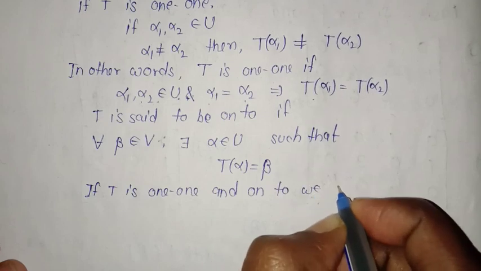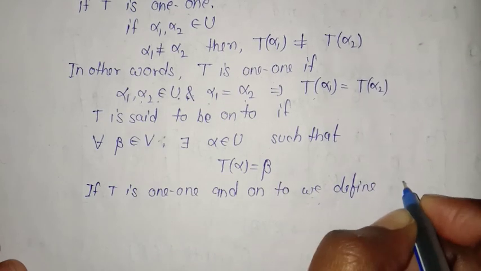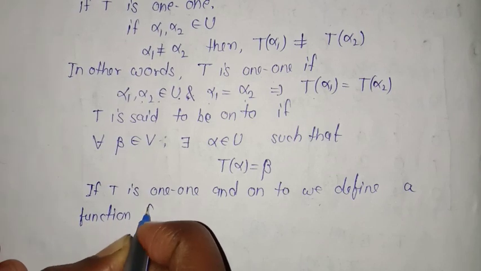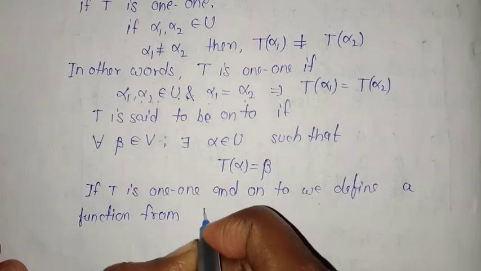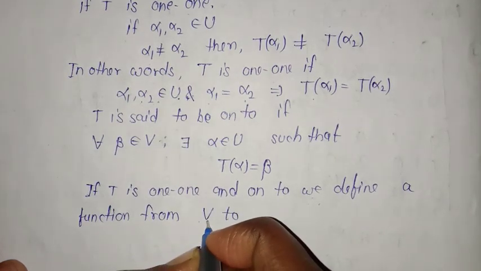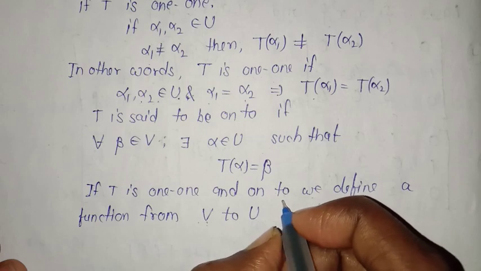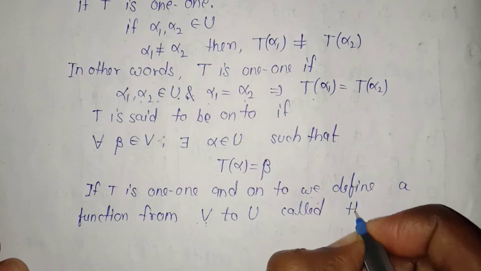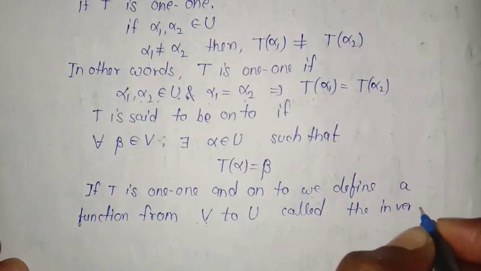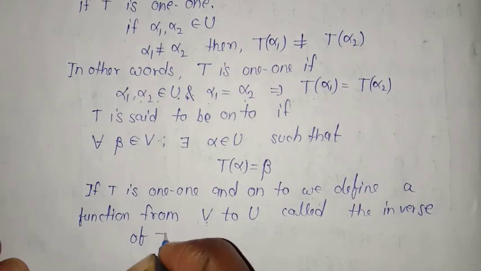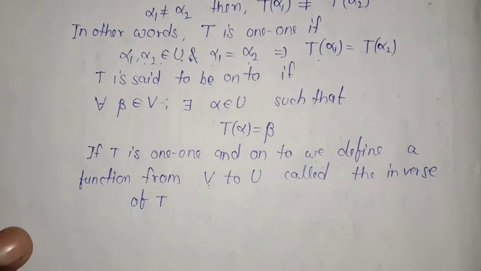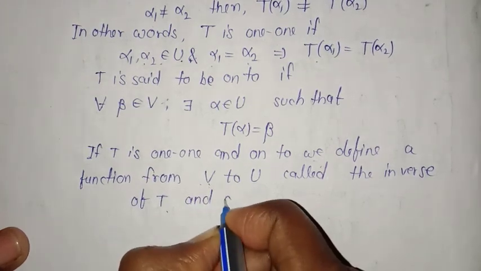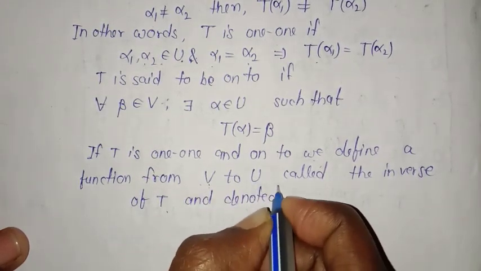So if T is 1-1 and onto, we define a function from V to U. This time we are reversing the vector spaces, that is, we are defining the transformation from V to U, called the inverse of T. Since the transformation is invertible, the inverse exists, so this is called the inverse of T and is denoted by T inverse.